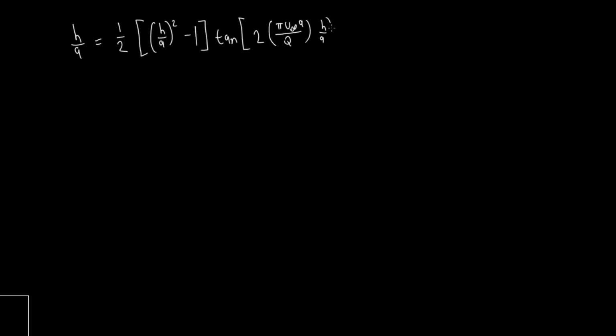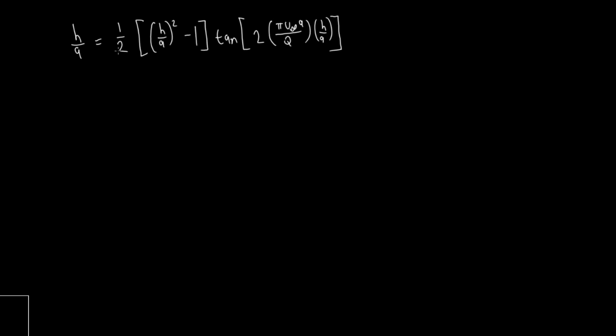So we have h over a is equal to 1/2, quantity again, h over a squared minus 1, close the first quantity, tangent of 2 times pi u infinity times a over q times h over a again. And that's our expression. Now you may be saying, how do we get h from this?